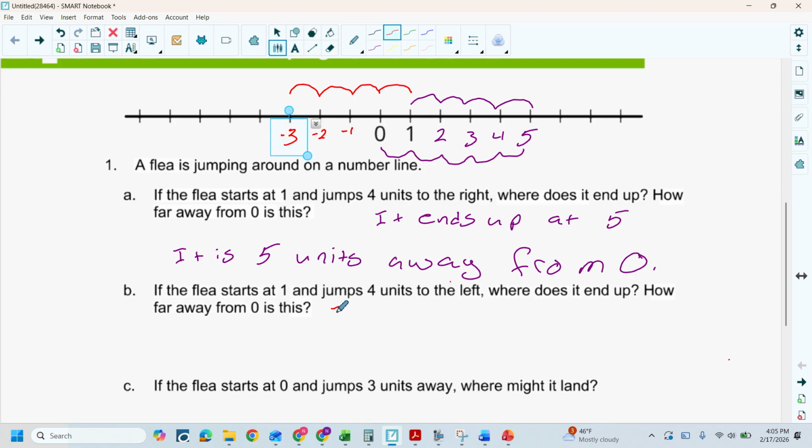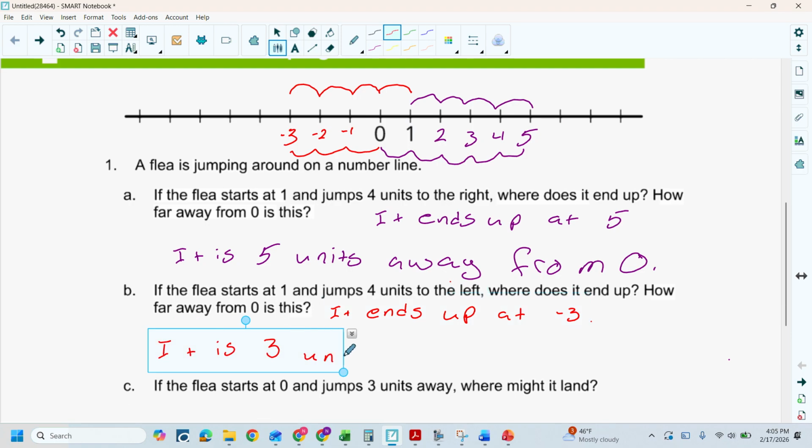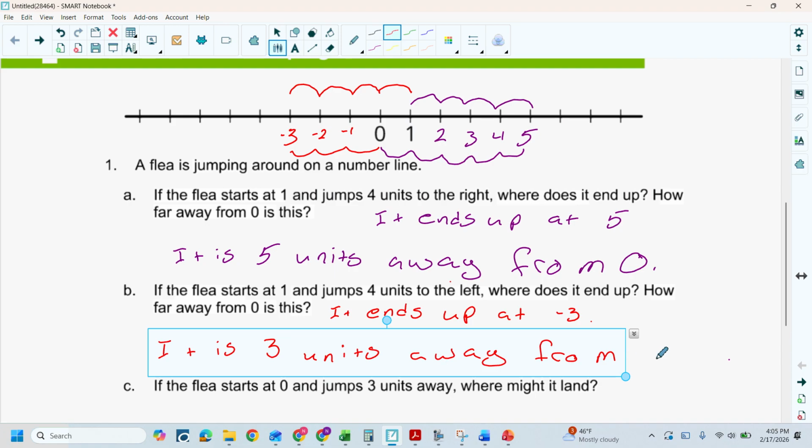And so it ends up at -3. And so that is 1, 2, 3 units away from 0. Now, notice the distance from 0 is always positive.